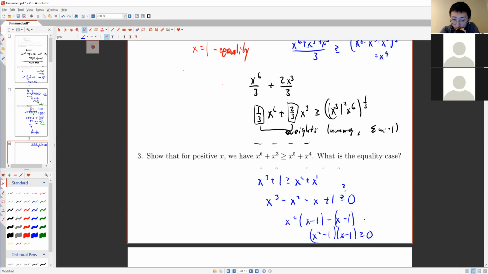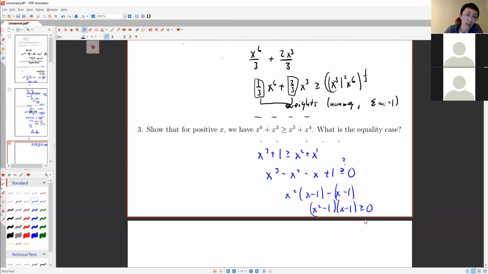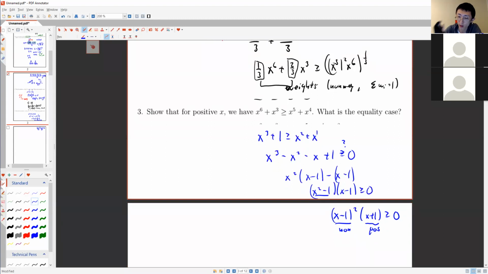Is this always true? Oh, yeah, this is always true. So we'll have two factors of this and an x plus 1, because we can use difference of squares on that. And since x is positive, and this is non-negative, it can't equal 0. So from this proof, when does equality occur? When x equals 1.